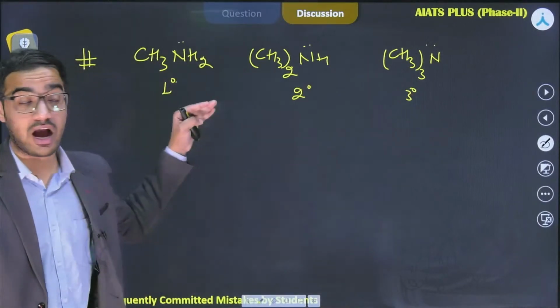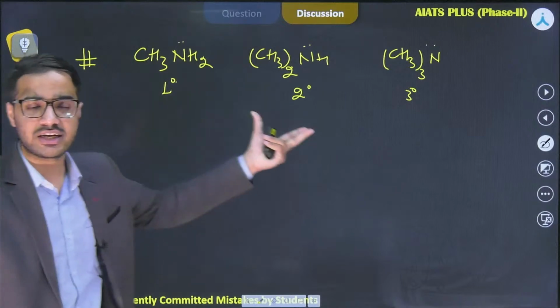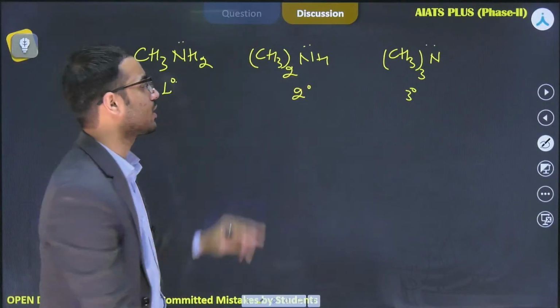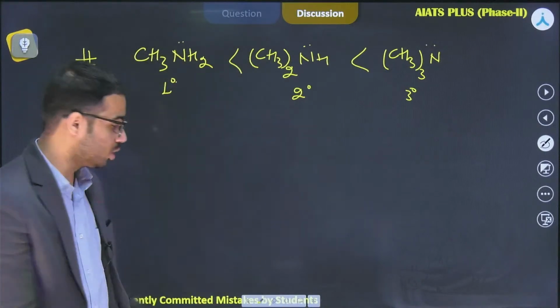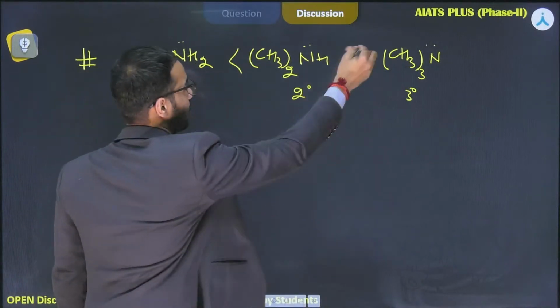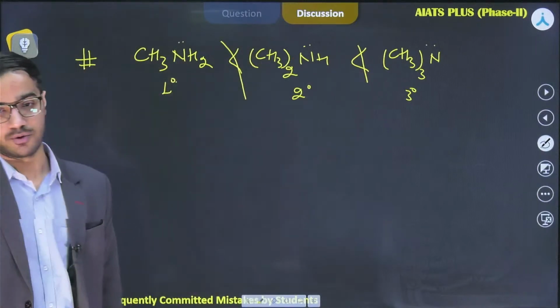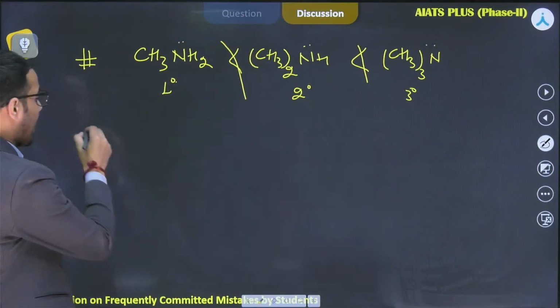And if anyone asks you what the basicity order in the vapor phase is, you can clearly say that this will be the order. But if we are dealing in aqueous solution, this will not be the order. So what will it be?